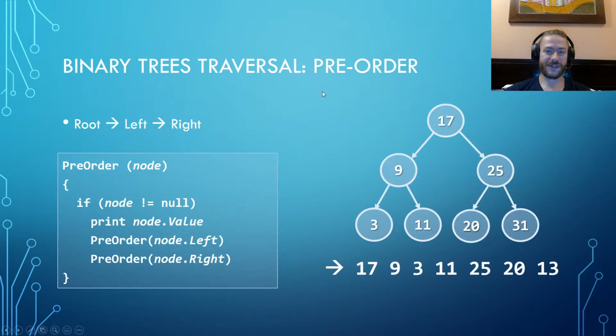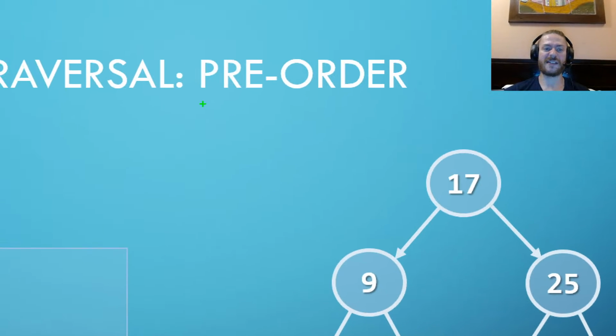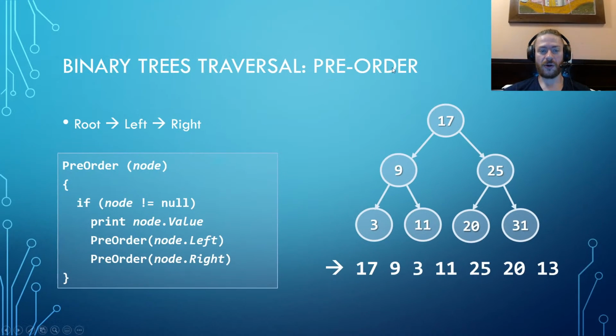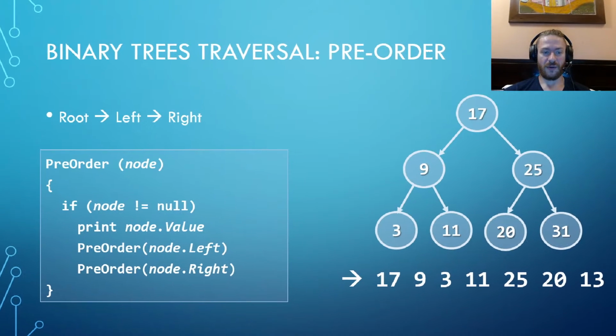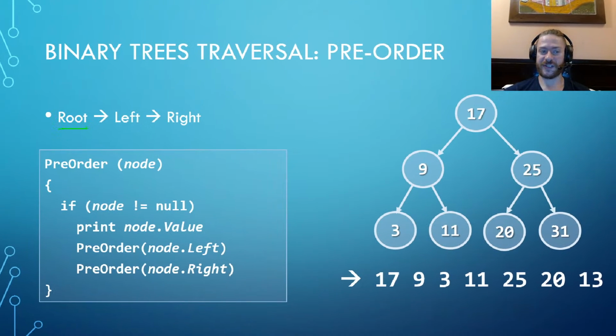How to traverse a binary tree? Well, we have a couple of options, and these options are named. The first option is pre-order. Pre-order means that we traverse first the root, then go left, and then go right. So we start with 17, then go left, 9, then go left again.